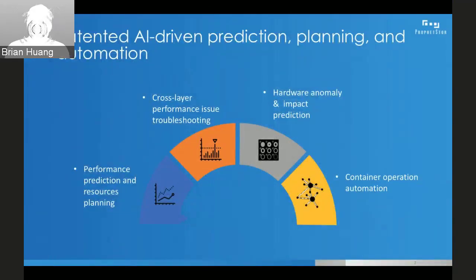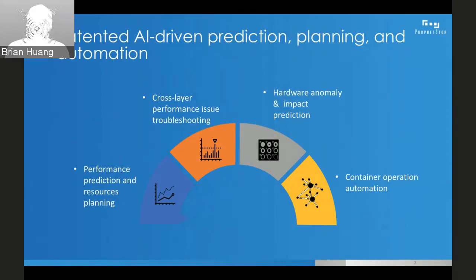Federated AI includes an AI engine based on our patented AI technology. It basically provides four types of machine learning features. The first one is performance prediction and resource planning.